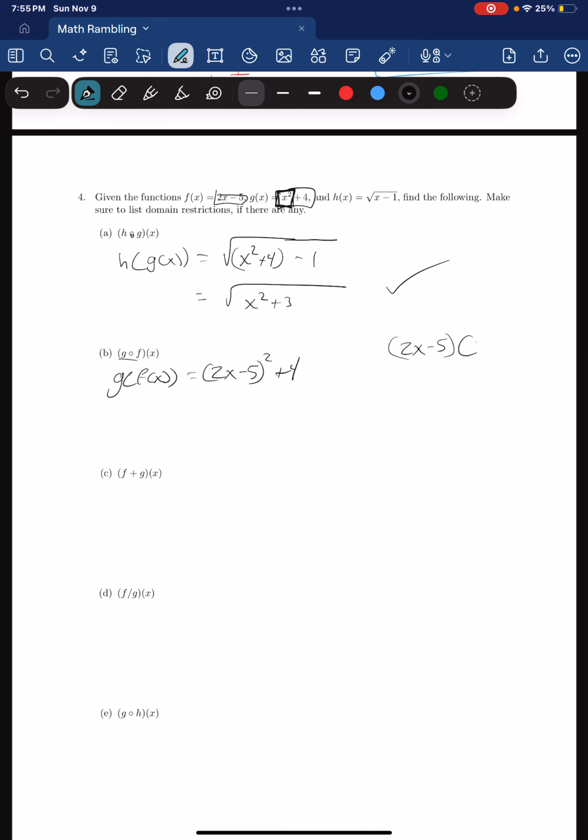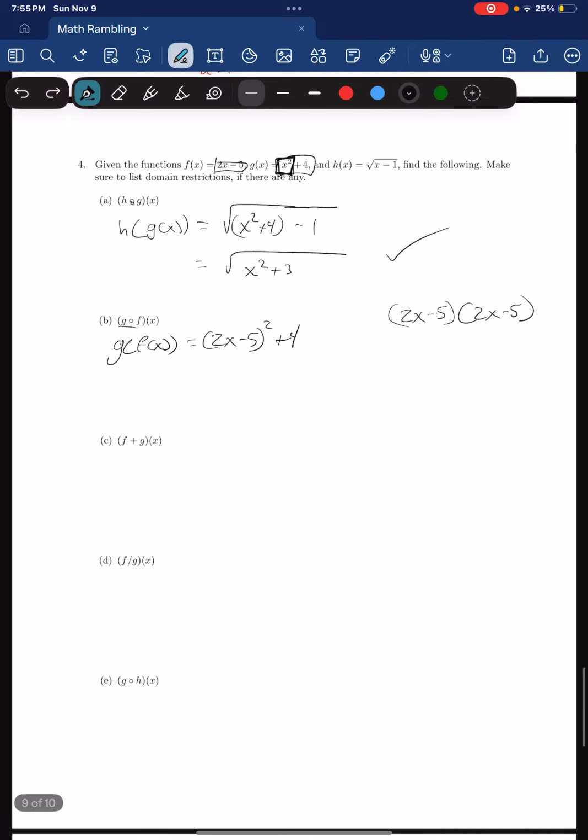2x minus 5 times 2x minus 5. This is a fun math trick. I'm going to leave this as an exercise for you guys to foil, because I don't want to foil it right now. I'm just going to write down the final thing.